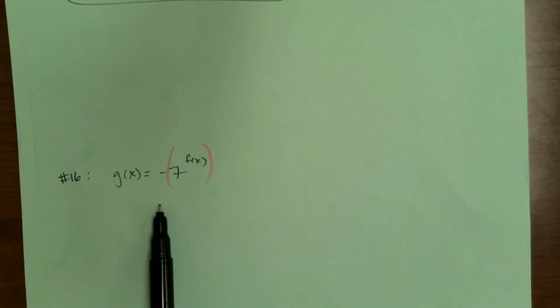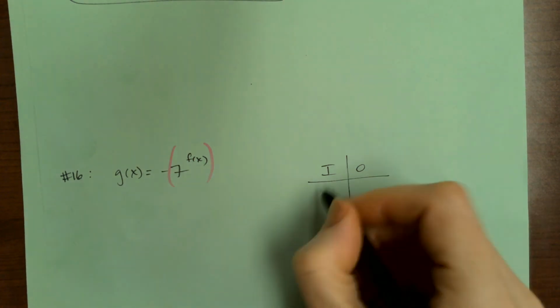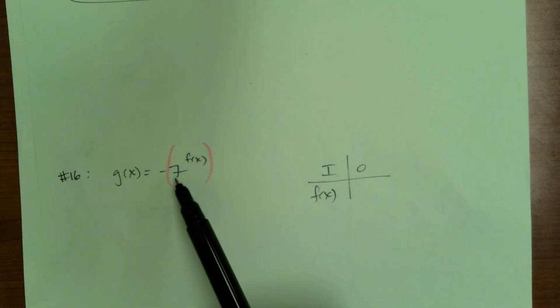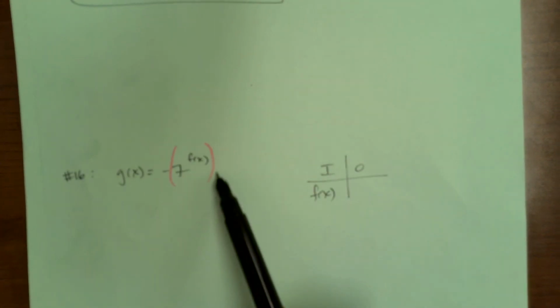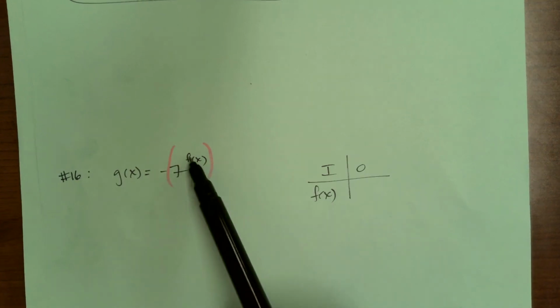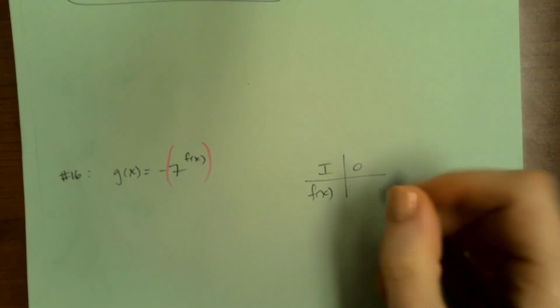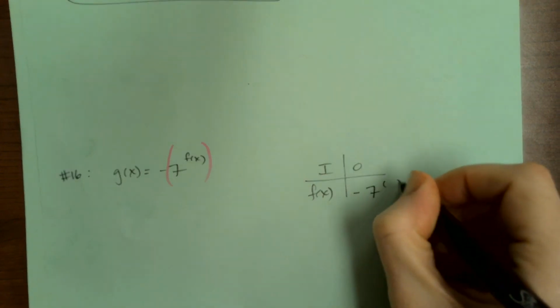So once again, we need chain rule for this. The inside function is f of x, because this is an exponential function, 7 to the something. So that's where the input goes, is in the exponent. And then the outside is -7 to the blank.